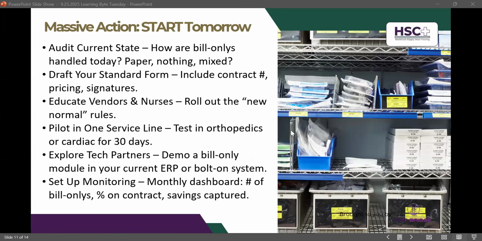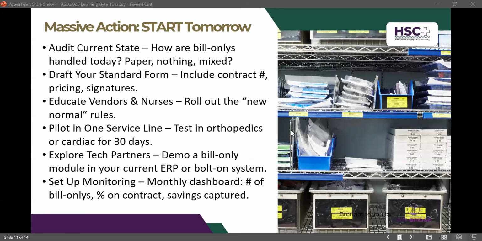And I want you guys to pilot in one service line, like orthopedics or cardiovascular, for 30 days. Test it somewhere. And I want you guys to go out and start exploring tech partners. Do a demo or 2 or 3 or 5 of a bill only module in your current ERP or a bolt-on system.